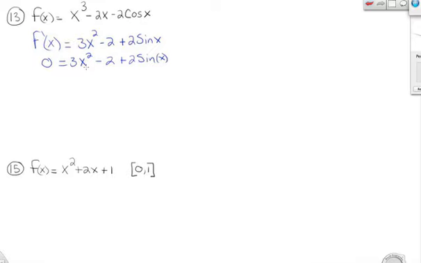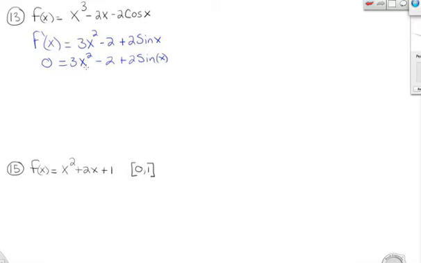And so I'm quickly grabbing my calculator and graphing 3x squared minus 2 minus 2 sine of x. I'm going to graph it. And I see two values right off the bat. And so let's calculate those.